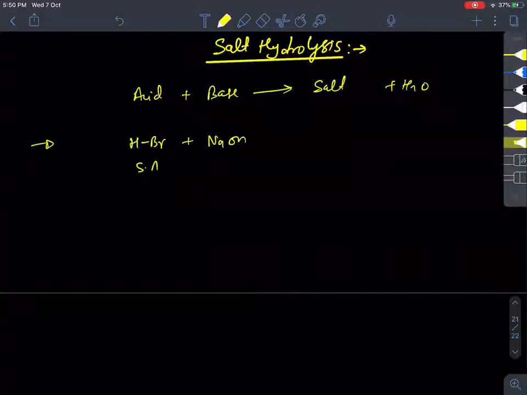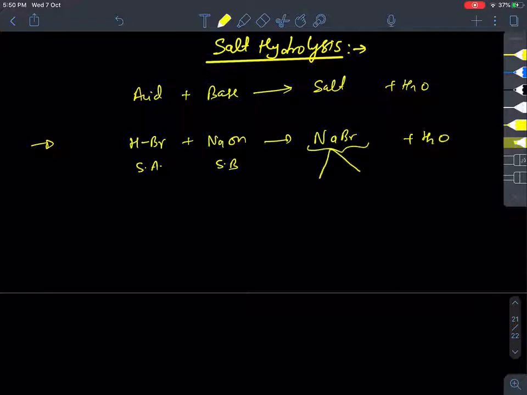This is a strong base. Then it will form what? NaBr along with water. Now this NaBr will be existing in water in independent form, Na+ aqueous and Br- aqueous.